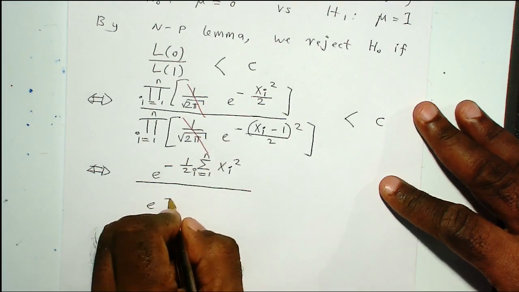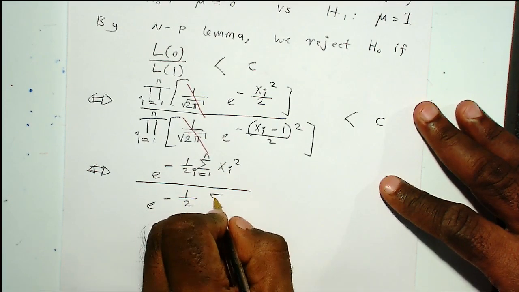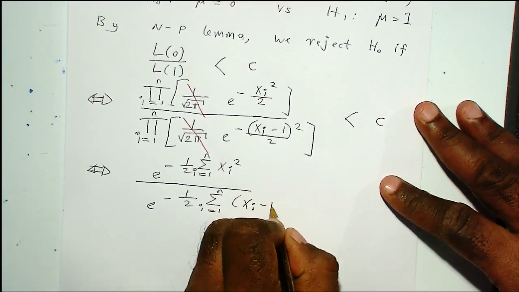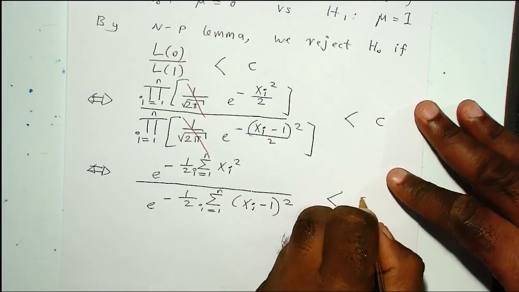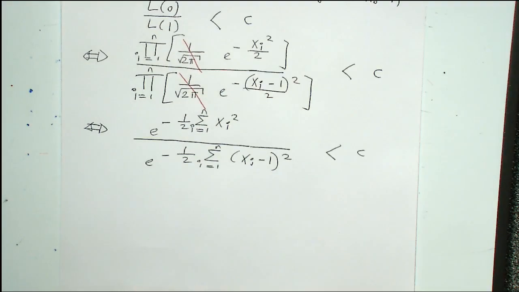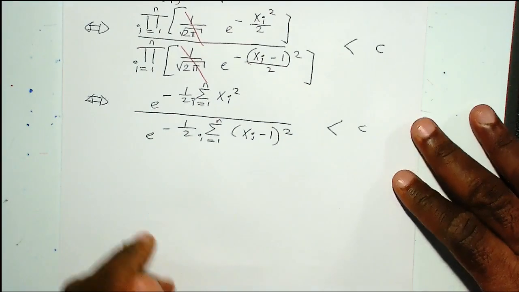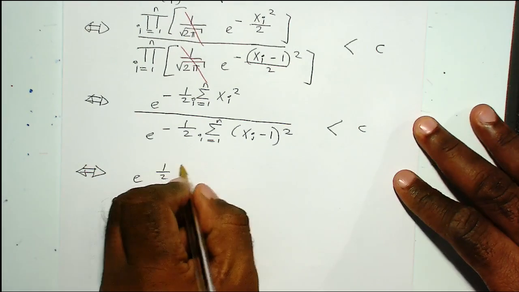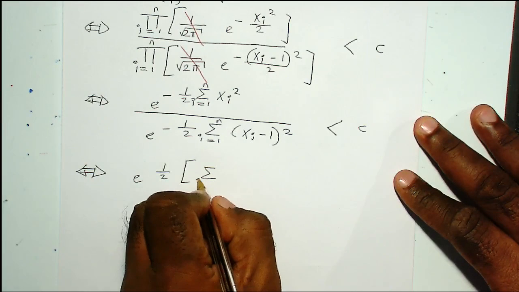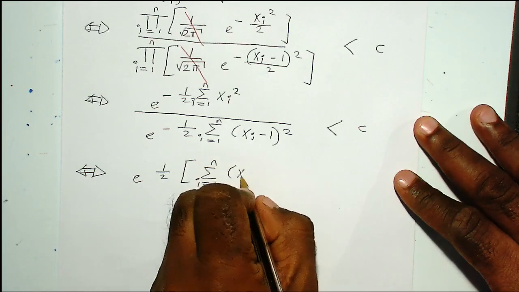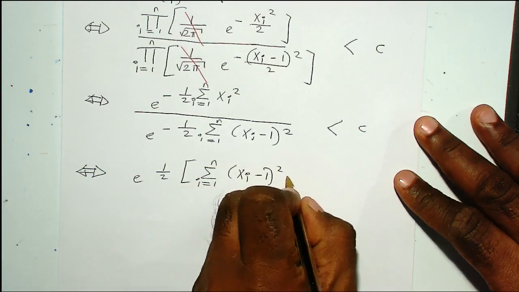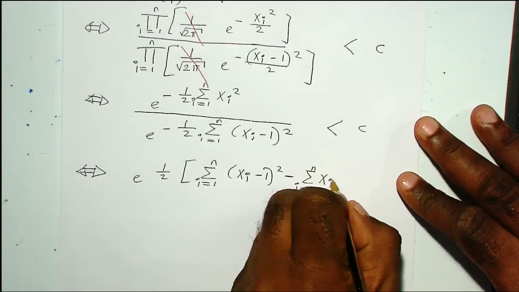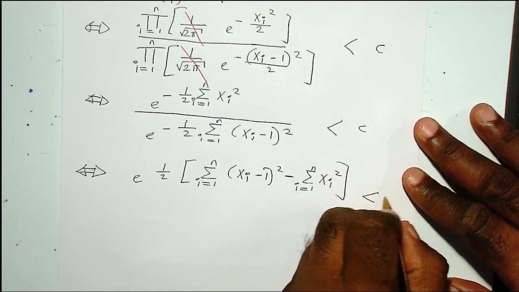In the bottom, you get this guy, less than a constant C. Now, let's combine the two exponential terms. So you get e to the half, less than a constant C.